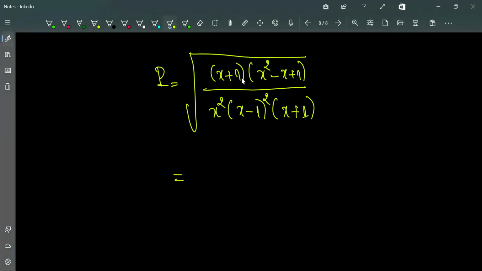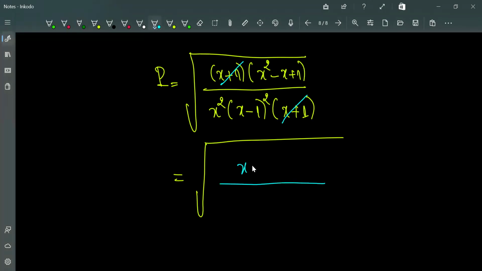Okay, so now we can simplify the expression. Okay, for this we can cancel it. So right now we can write x squared minus x plus 1 over x times x minus 1 squared.